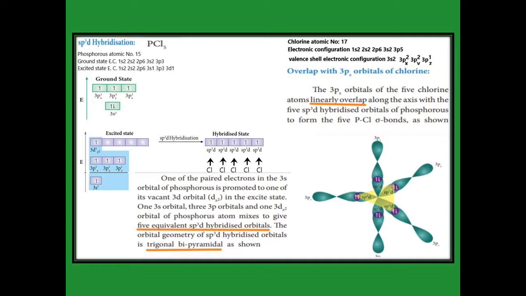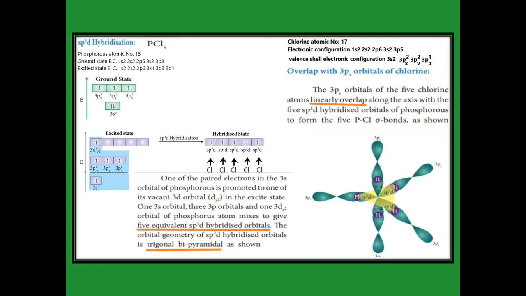Now see, the green color is indicated for the ground state and the violet color indicated for the excited state. One of the s electrons goes to the 3dz squared orbital. Now how many orbitals are going to hybridize: one s orbital, 3 p orbitals and 1 d orbital.